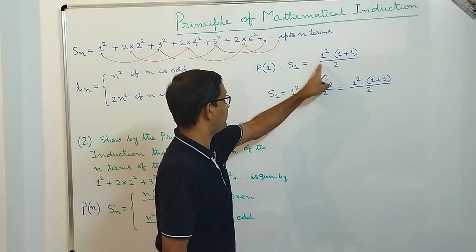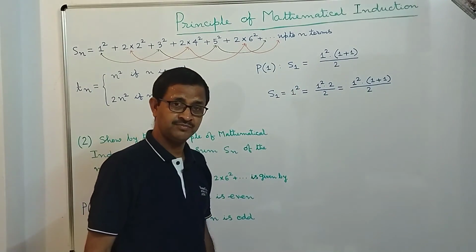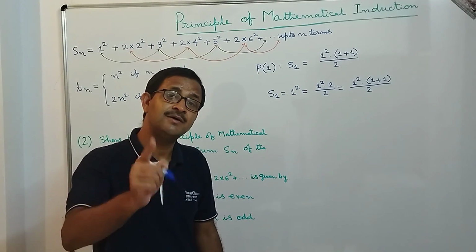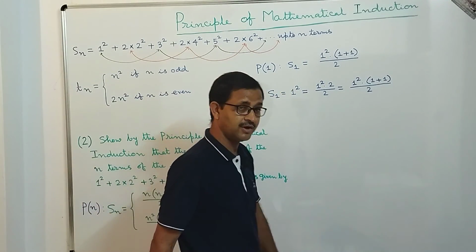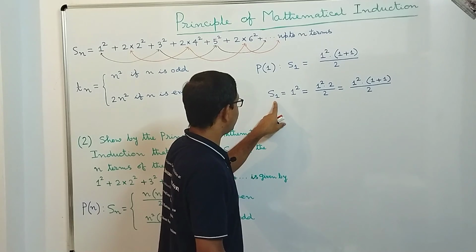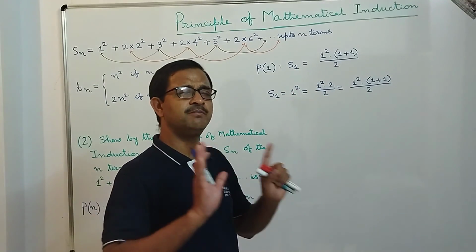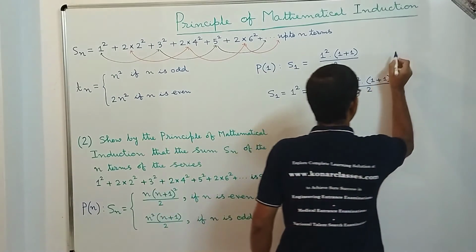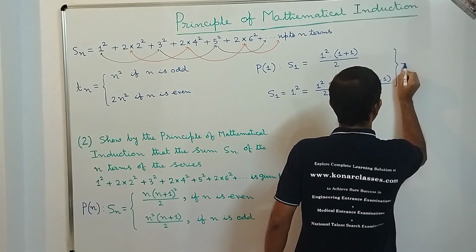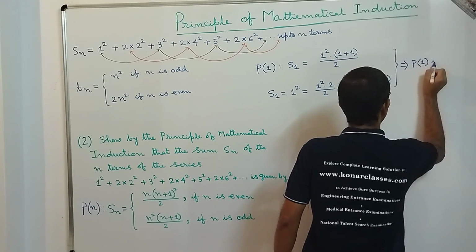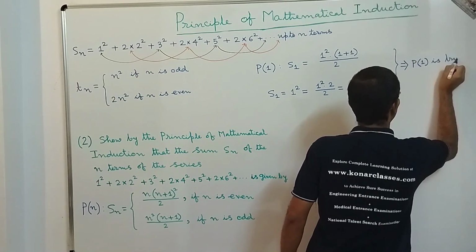Just to give the form of the right hand side of P1, that is 1 square into 1 plus 1 by 2. And we see that S1 is actually matching with 1 square into 1 plus 1 by 2. So P1 is true. Very simple.